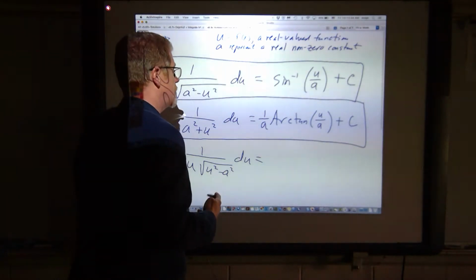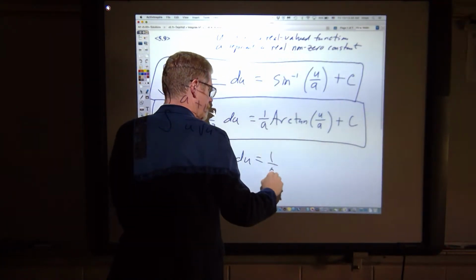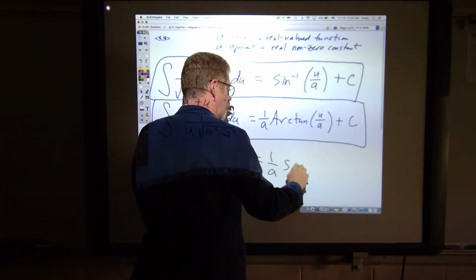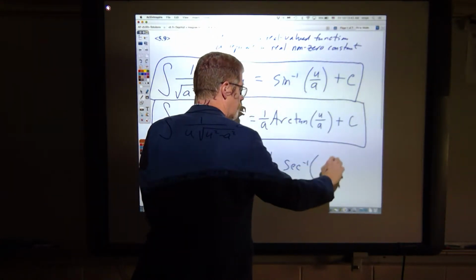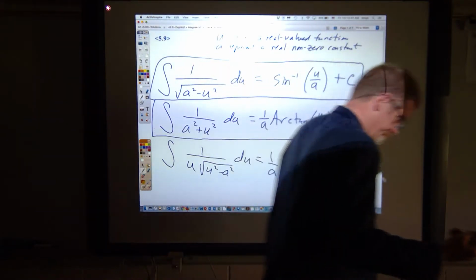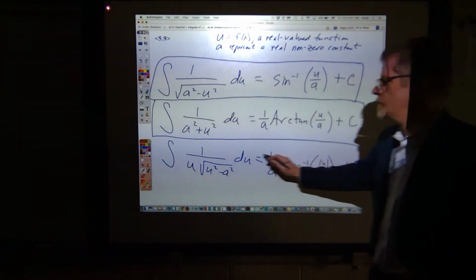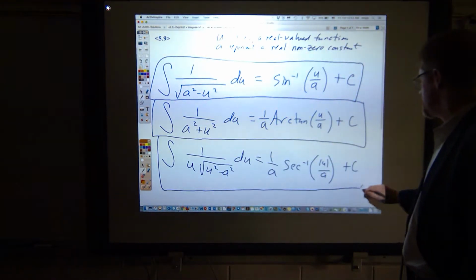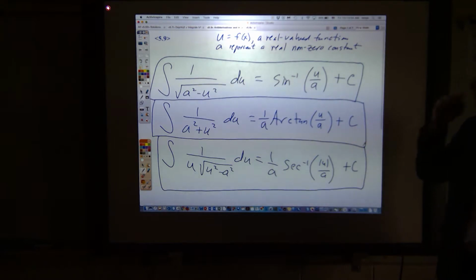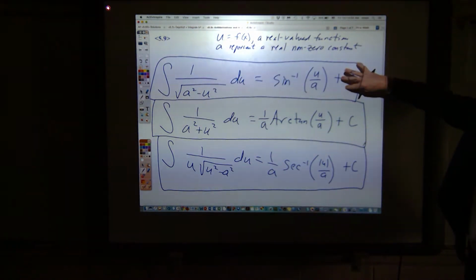Our general formula is going to be 1 over a, arcsecant, or secant inverse of absolute value of u over a plus the constant of integration. So as you can see in this progression of formulas in today's lesson, 3 formulas, the first one's the simplest, it's just u over a.